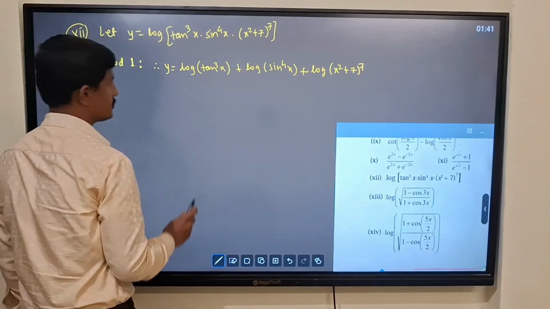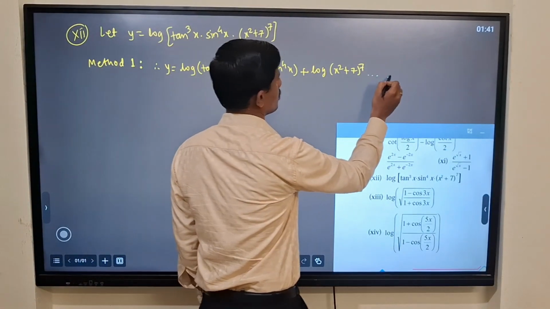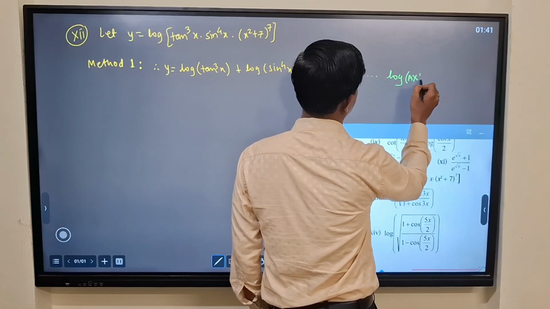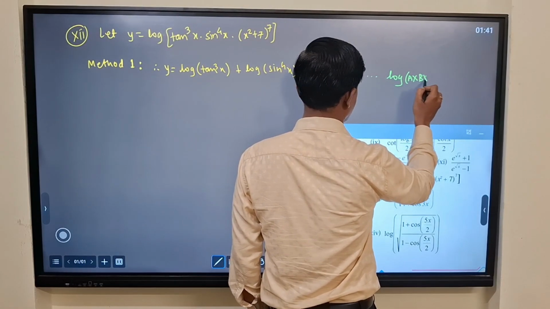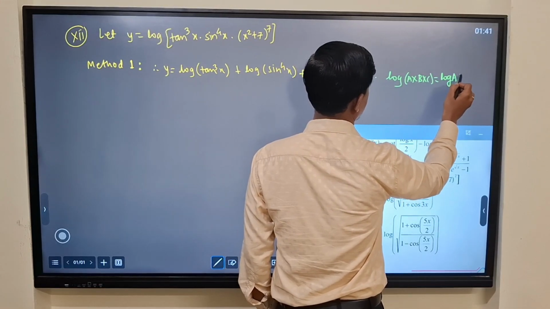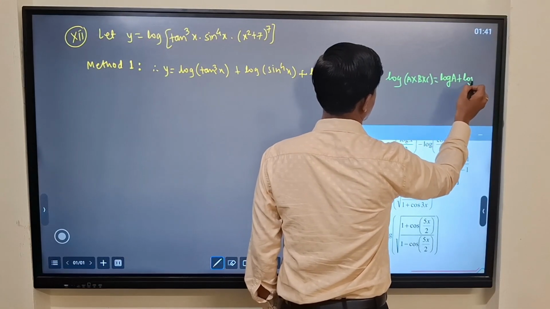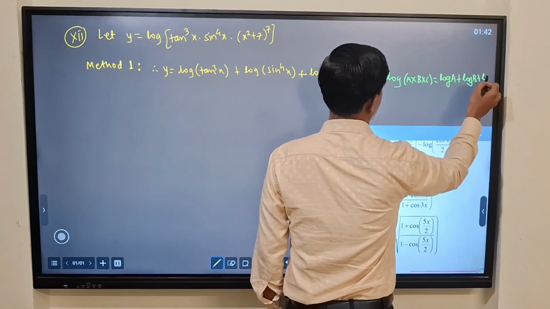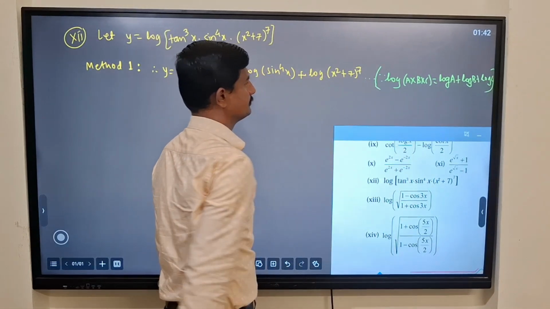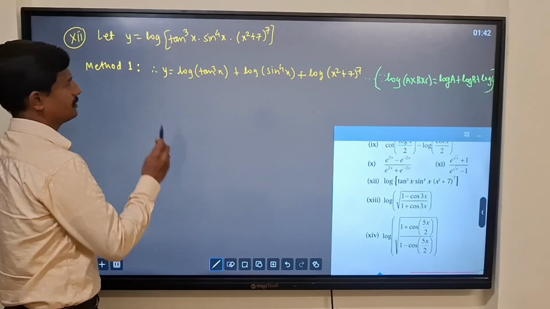Here which rule we used? We used log of a into b into c, it will get converted into log a plus log b plus log c. So this is the rule of logarithm. So it gets converted into plus.